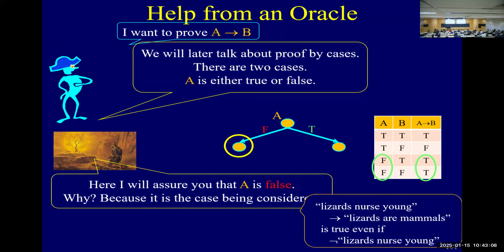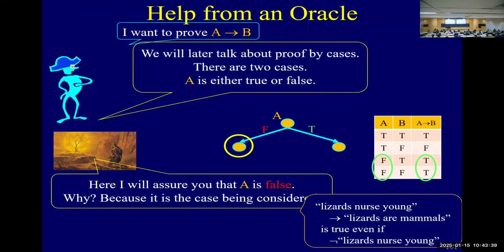In fact, look at the contrapositive. The contrapositive says if lizards are not mammals, then they don't nurse their young, right? Does that feel more true? Feels more true, right? But it's the contrapositive: A implies B, not B implies not A. So this is true.